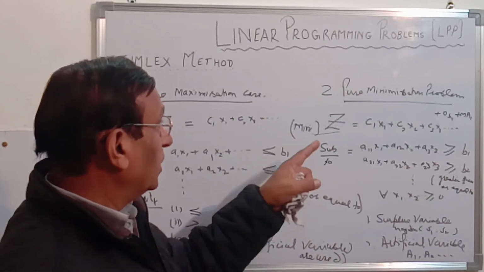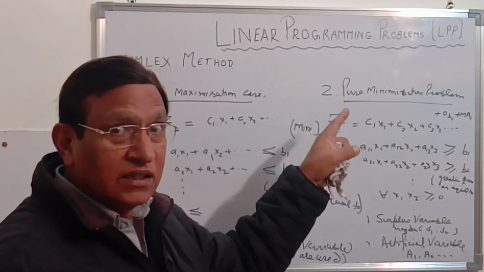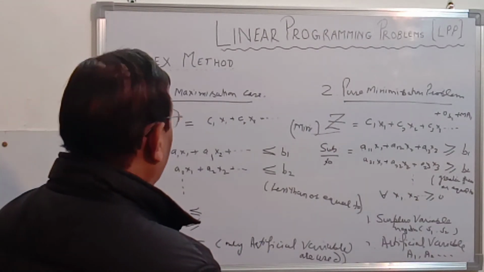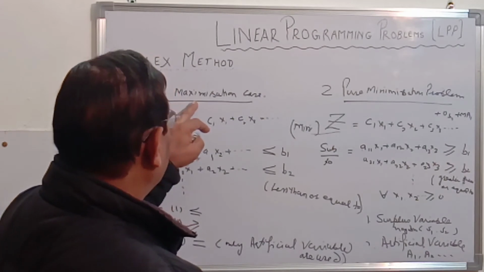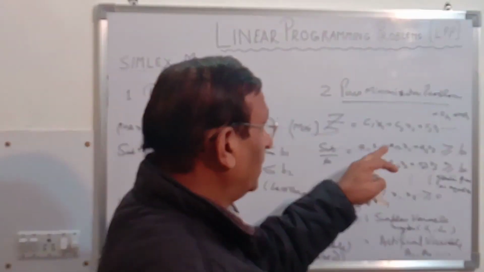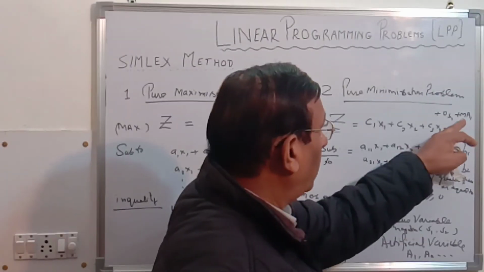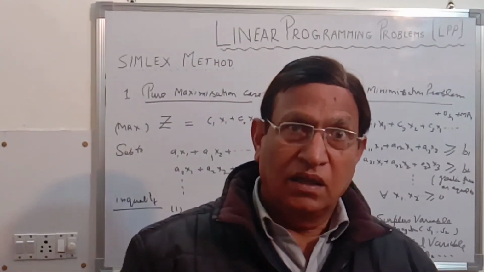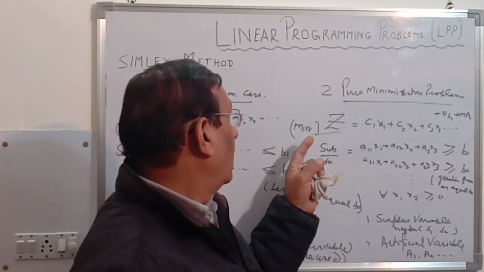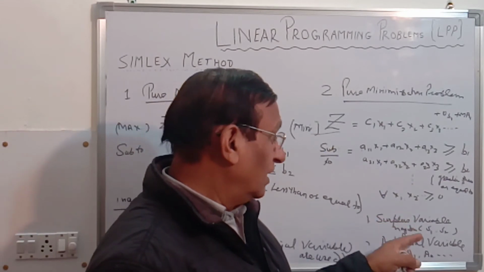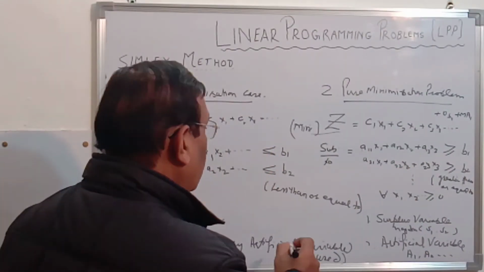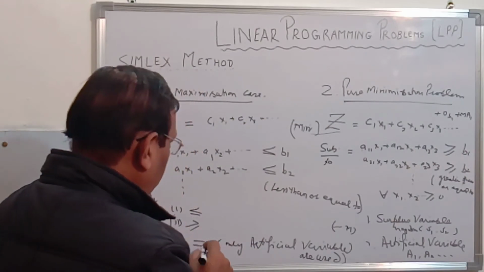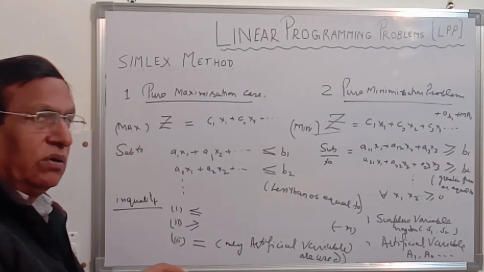When we use the variable in the objective function, it is 0 or M. Now second more important point is, if it is the maximization case, for example z is maximum and the equation is this, then this plus M will be converted into minus M. Means if the objective function is maximization, then for this artificial variable, the coefficient will be minus M when the equation is greater than or equal to type.